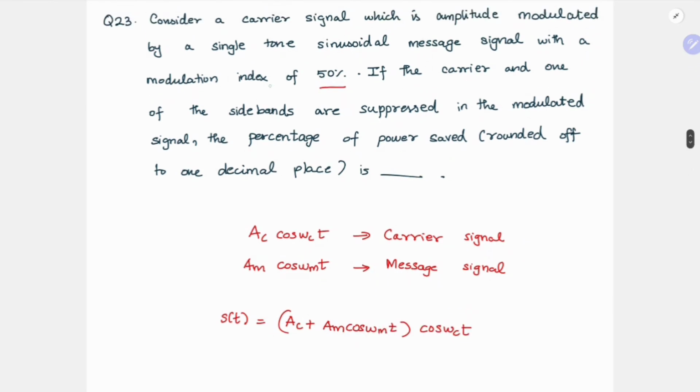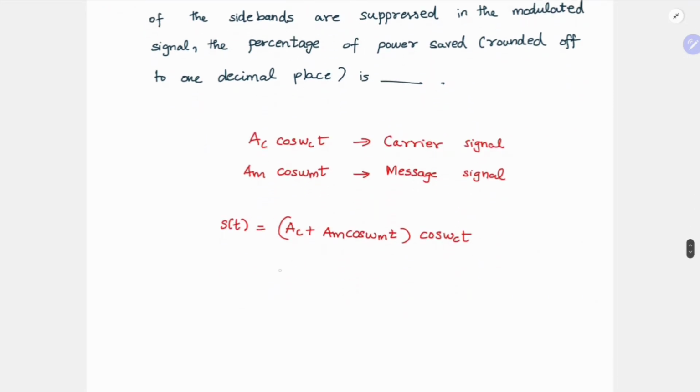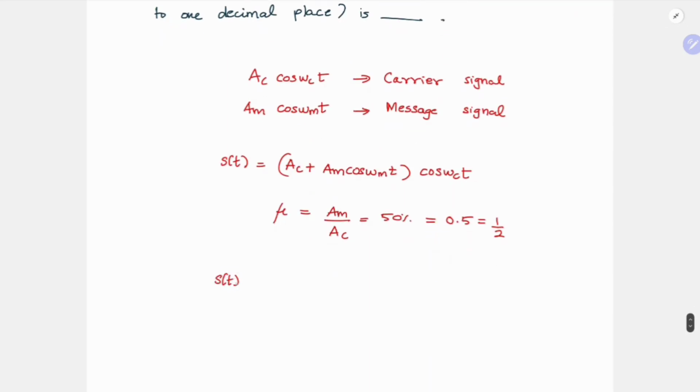Right? Now they have given the modulation index is 50%. So what is your modulation index mu? Mu is nothing but A_M by A_C. They have given us 50%, so it is equal to 0.5 or 1 by 2. Now if you write out this signal S of t, it has one component at cos omega_c t, which is your carrier itself.